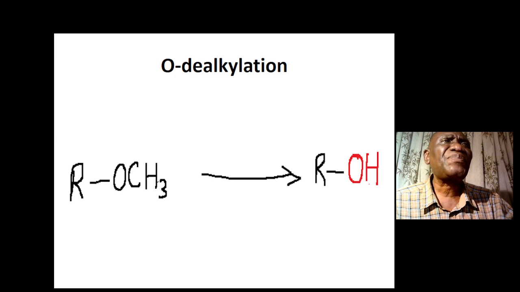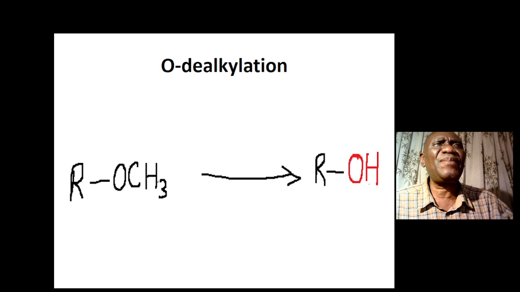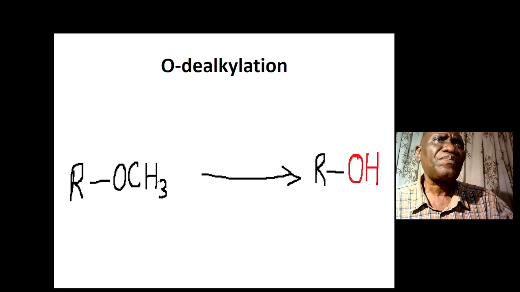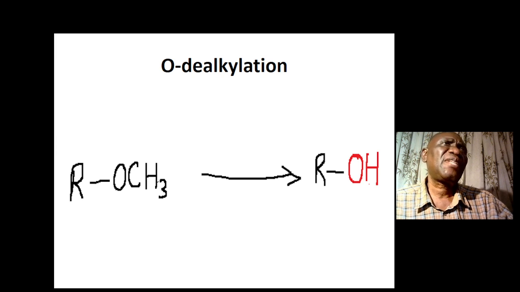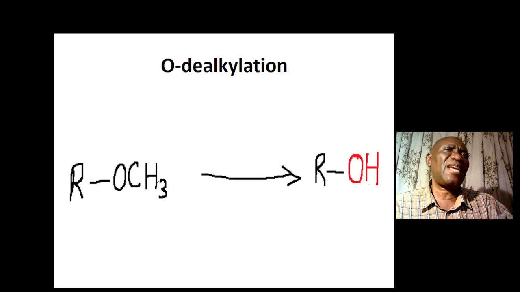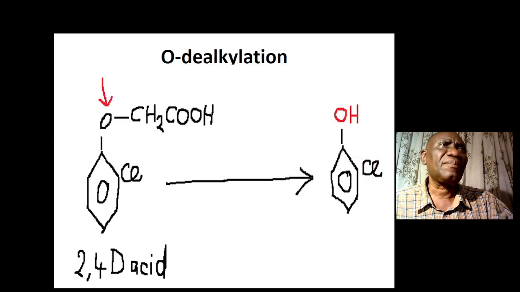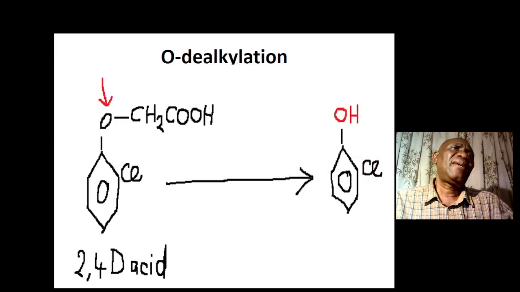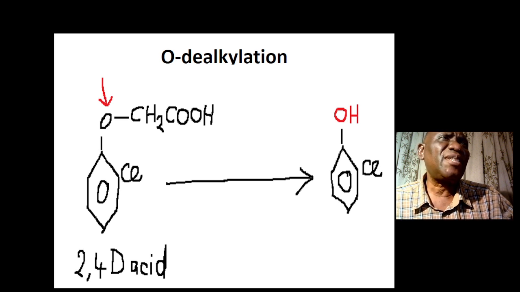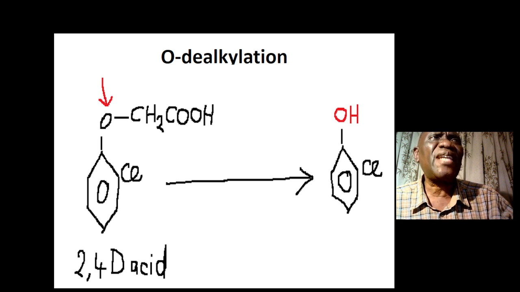So this CH3 can be removed, leaving the OH, and we call this O-dealkylation. This is 2,4-D, that's what it looks like. O-dealkylation can take place where the arrow is pointing, and you will end up having an OH here.